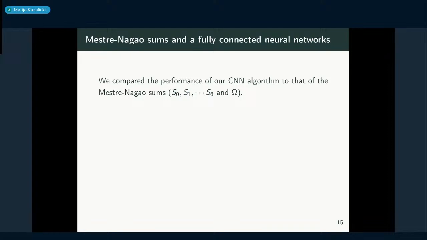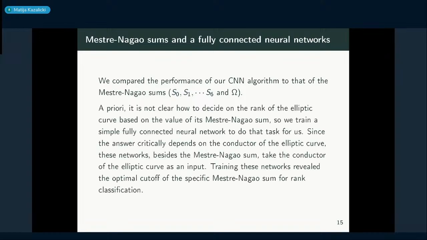We call this network omega. The reason we were using neural networks to model this Mestre-Nagel sum is that it's not a priori clear how we're going to decide, from that one number, what the rank of the elliptic curve is. So we decided to train a neural network to do that task for us.